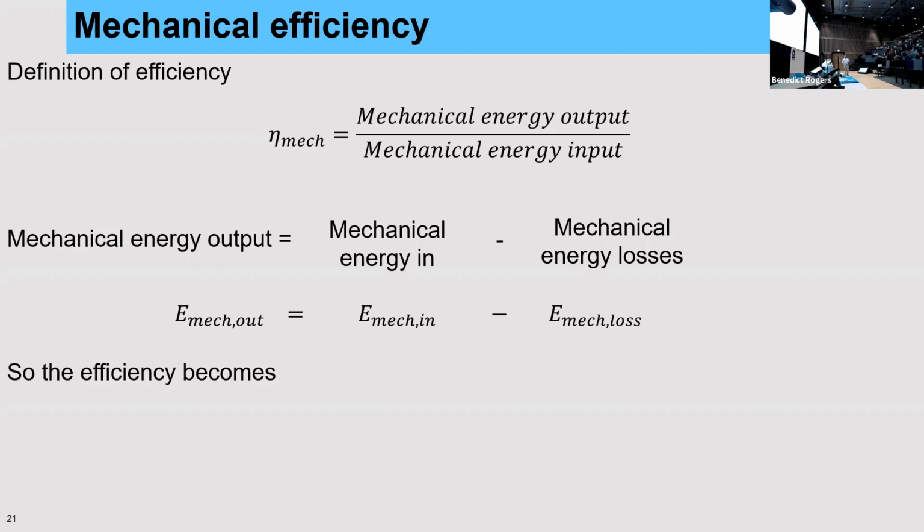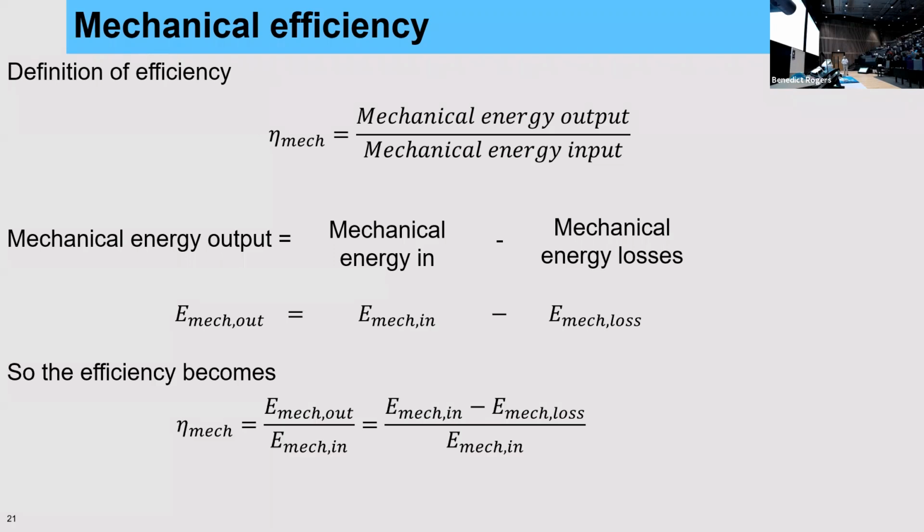So the efficiency becomes our mechanical energy out over our mechanical energy in, which is equal to this term substituted into there. You can see that this term and this term will cancel. So we're left with 1 minus the mechanical loss over the mechanical energy in. This is our definition of efficiency. Nice, simple stuff.